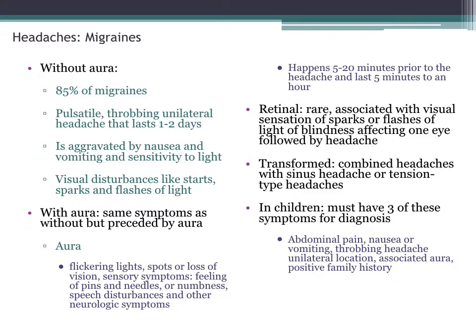They may have a feeling of pins and needles or numbness. They may know what they want to say, but for some reason they can't get it to come out the way they want it to come out. And there may be other neurologic symptoms. Usually these things happen 5 to 20 minutes prior to the headache, and they can last anywhere from 5 minutes to an hour.